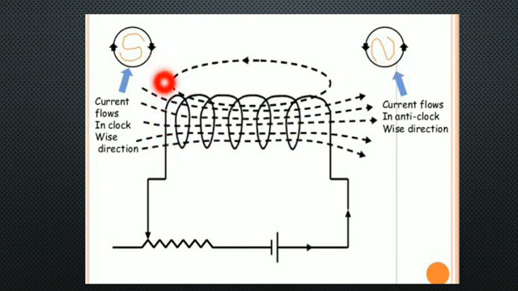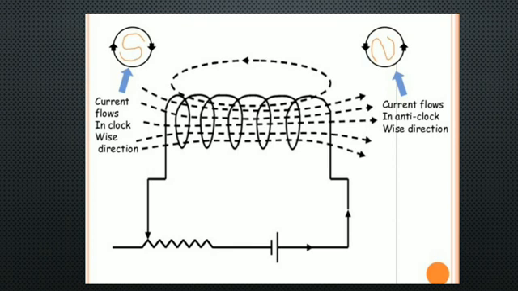So it acts as a magnet, and that side has the north pole. In the same way, on the other side the current flows in the clockwise direction, and that side acts as the south pole. Because a magnet has a north pole and a south pole, if the current flows through the coil in the anti-clockwise direction, that side is the north pole, and if the current flows in the clockwise direction, that side acts as the south pole. Any doubts?